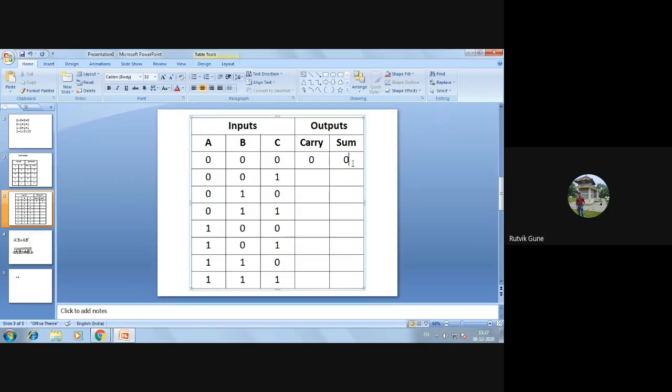Yes, ma'am. Now, second, 0 plus 0 is 0. 0 plus 1 is how much? 1. So your sum is 1 and your carry is 0.